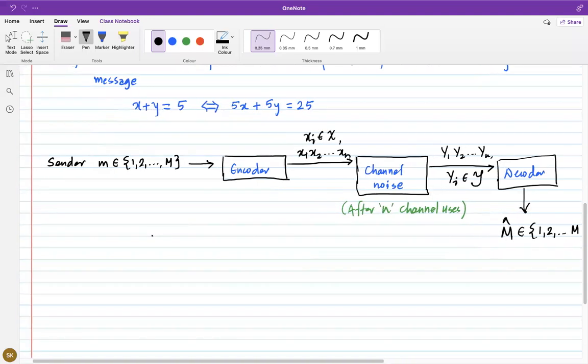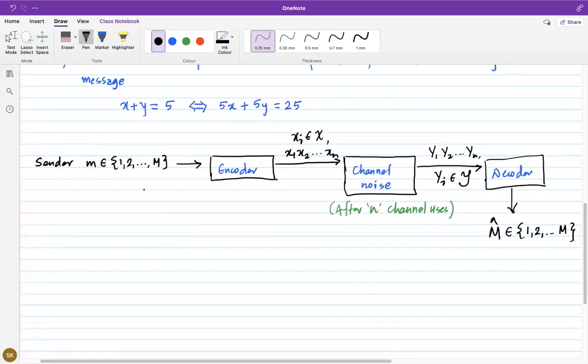As you may guess, the goal here is that the input you sent, which is little m, should match or agree with the decoded message output, M hat, most of the time. In terms of mathematics, you say that M hat should match M with high probability.